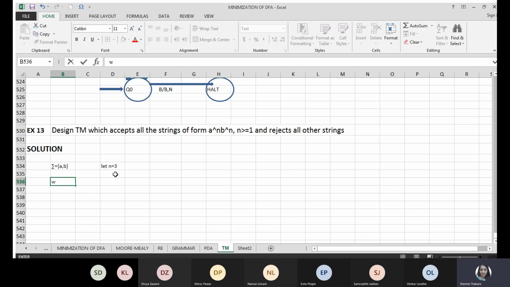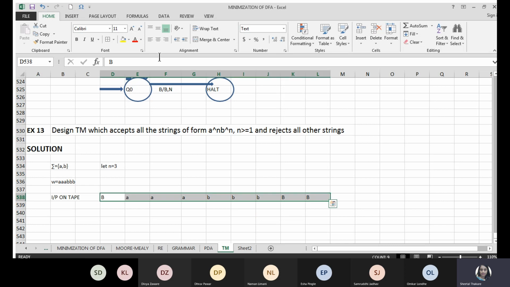So your W will be 3 A's and 3 B's. Accordingly, you will get the input on tape. Visual representation will start with B and then 3 A's followed by 3 B's and again blanks. You need to remember that length of tape is infinite.